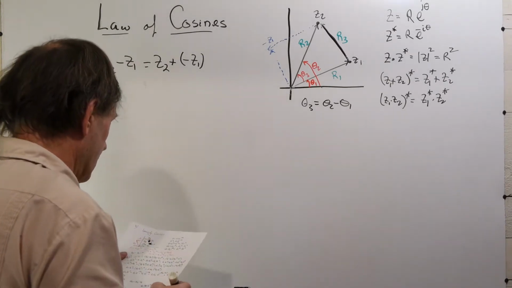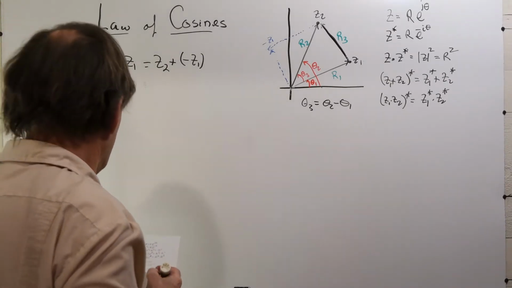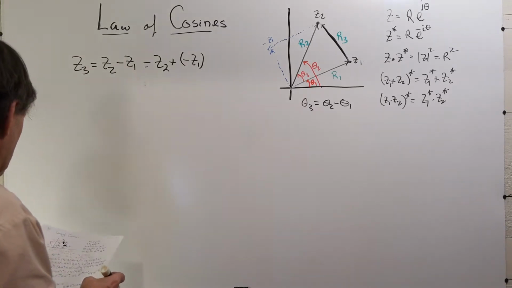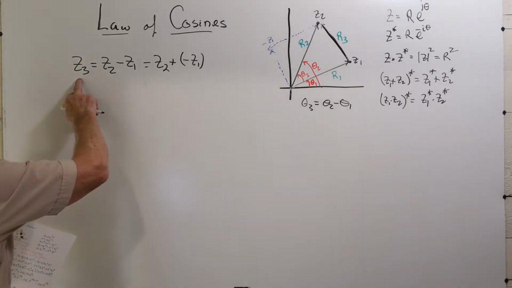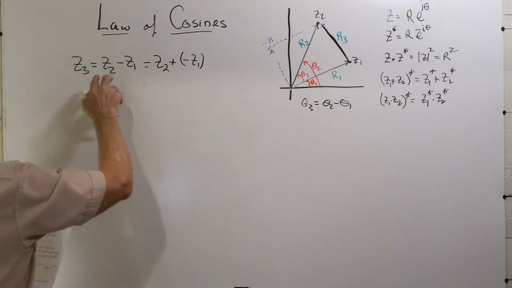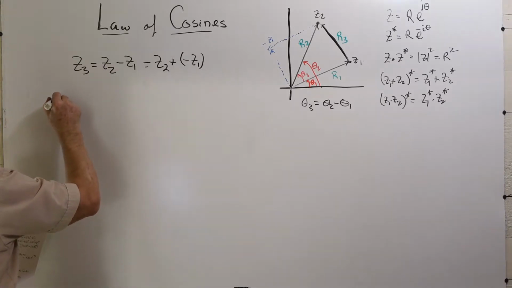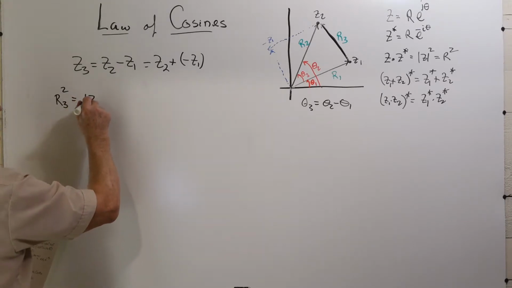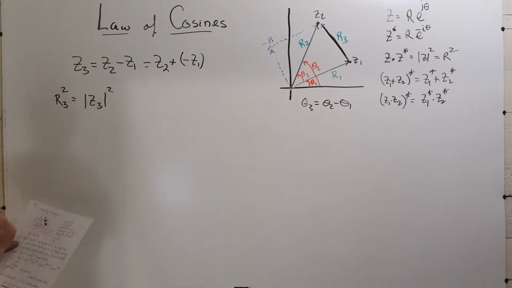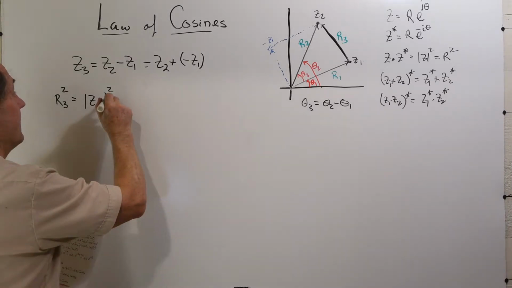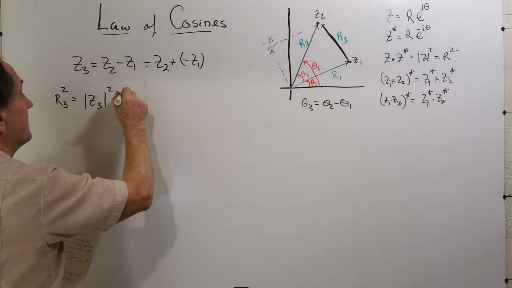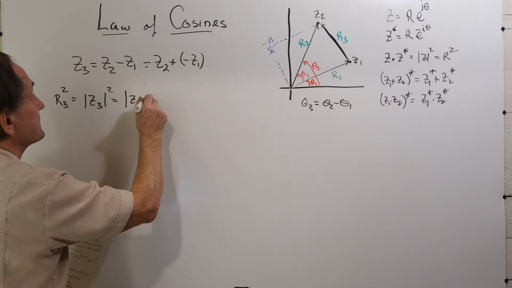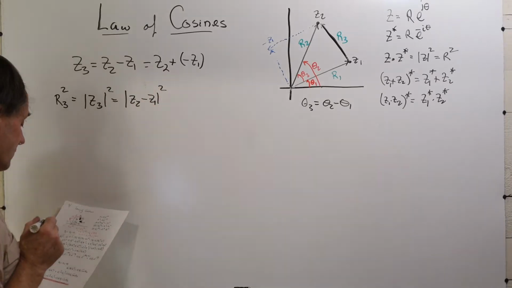Now, we can start manipulating these complex numbers. Let's start with Z3 equals Z2 minus Z1. So R3 squared, the magnitude of Z3 squared, is the magnitude of Z2 minus Z1 squared.